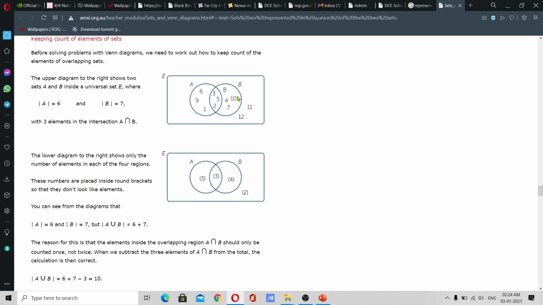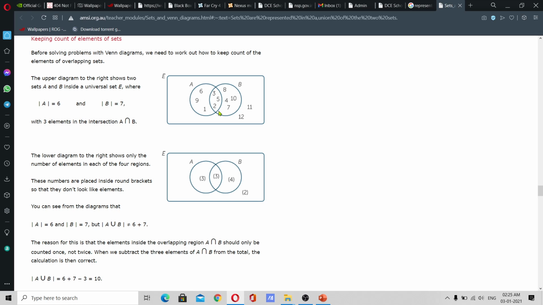How did that happen? See, all the items of A means 1, 9, 6, 3, 5, 2. Number of items is 1, 2, 3, 4, 5, 6. So it can be written as 6 items. Again, all the items of B include 1, 2, 3, 4, 5, 6, 7. Do we have to take these 3 numbers again when you are representing all the items in a set?